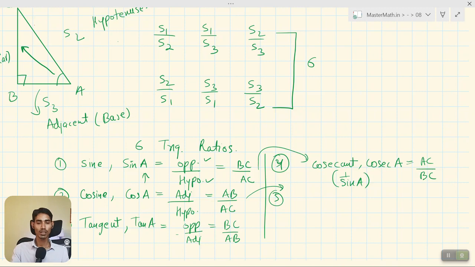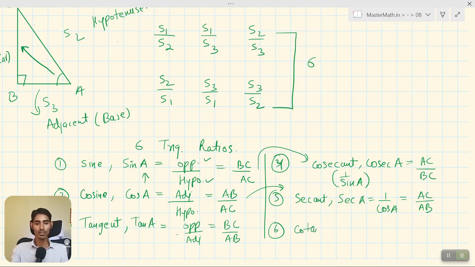Cosine's reciprocal is secant, written in short as sec A, which is 1 by cos. So 1 by cos means AC by AB in this case. Again, if you had changed angle A to angle C, you would have a different opposite and adjacent. Hypotenuse is the same.